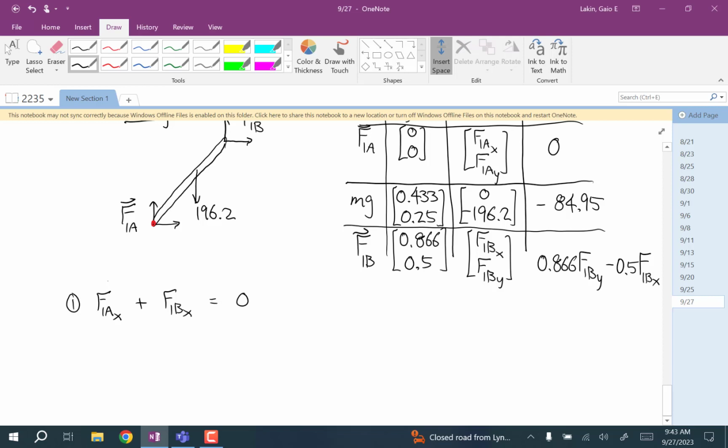I'm just adding up all the x components of these. The second equation is the y component of Newton's second law. So we have F1AY plus F1BY minus 196 is equal to 0. Well, I'm just going to move that over to the other side of the equation now. So that's positive 196.2.